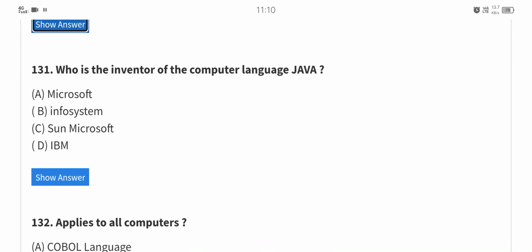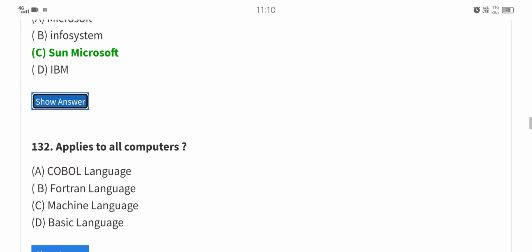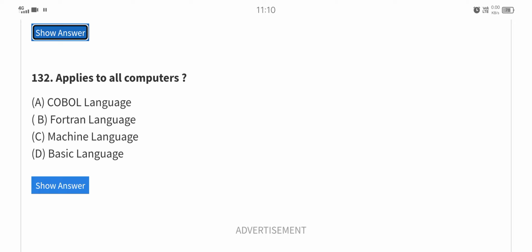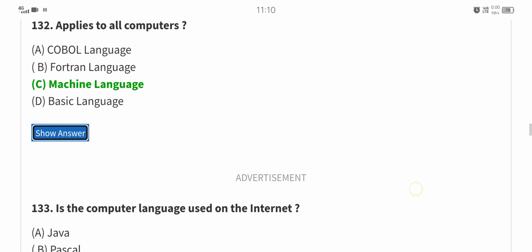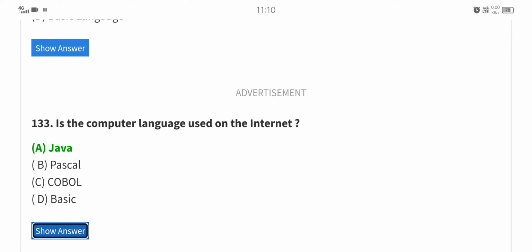Who is the inventor of the computer language Java? Sun Microsystems. Machine language applies to all computers. Java is the computer language used on the internet.